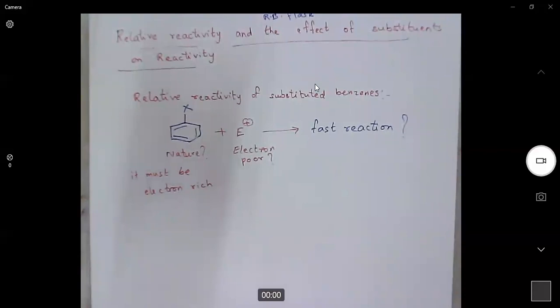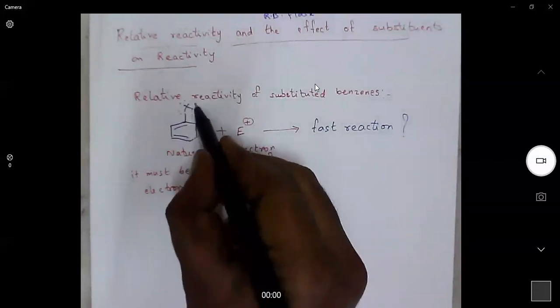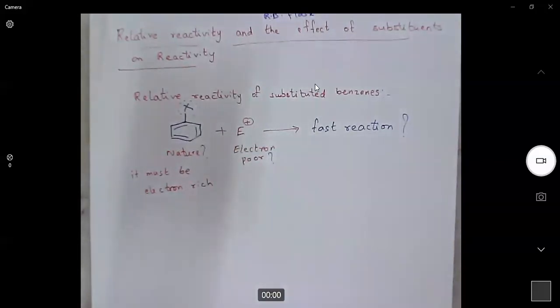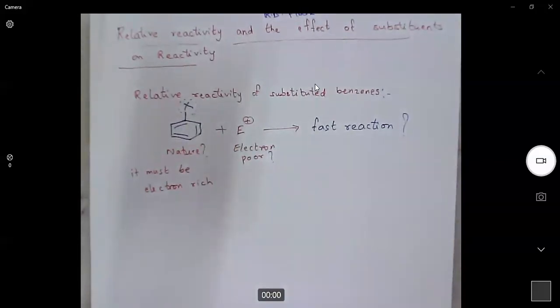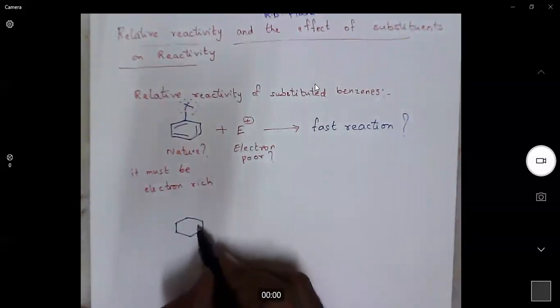So that is the relative reactivity. If a substituent is electron rich, it will undergo a fast aromatic electrophilic substitution. If a substituent is electron poor, then it will undergo a slow aromatic electrophilic substitution reaction.